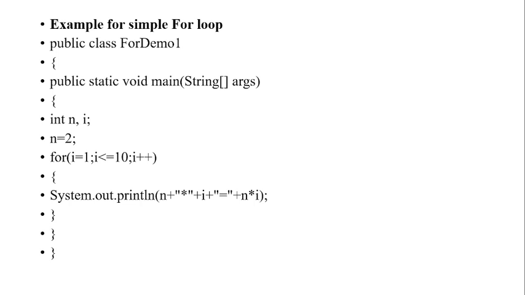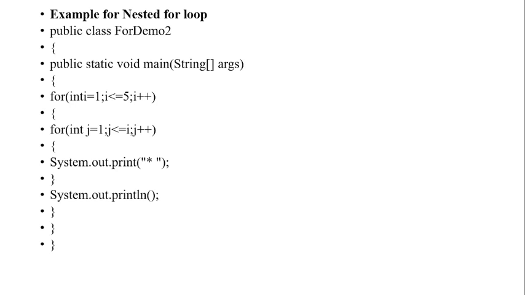The n value is equal to 2, so 10 times the i value will be 1 first, 2, 3, 4, 5, 6, 7, 8, 9, and the 10th time it will be executing because i is less than or equal to 10. So i = 10, the condition will be true, and automatically it will come inside the loop.